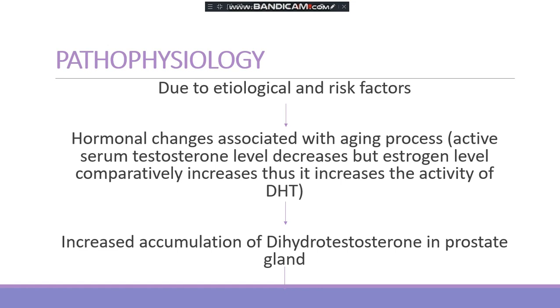Among these etiological as well as risk factors, the major cause we are considering is the hormonal changes associated with the aging process. So what is that? In men, as the age progresses, the active testosterone level will start to come to a low level, but at the same time, a small amount of estrogen is normally secreted in every man.